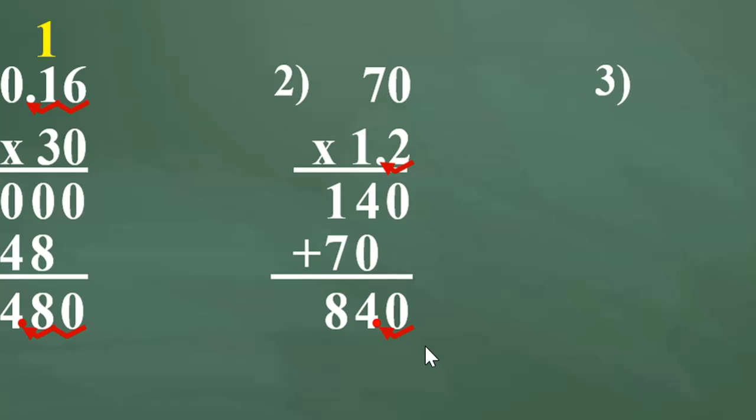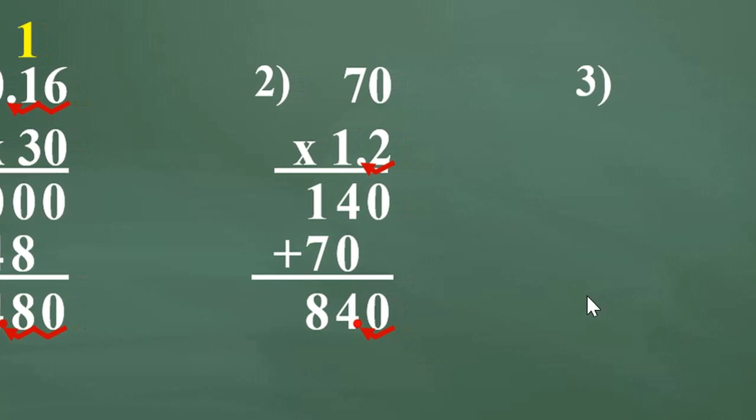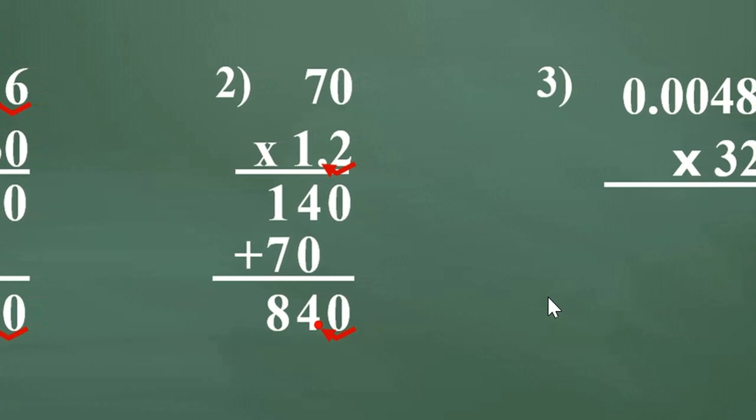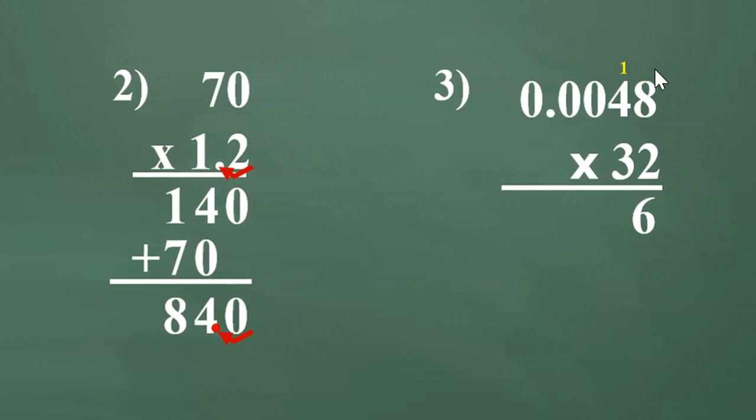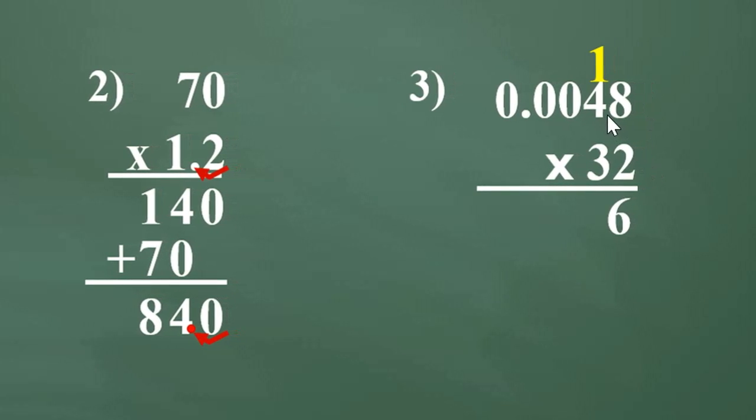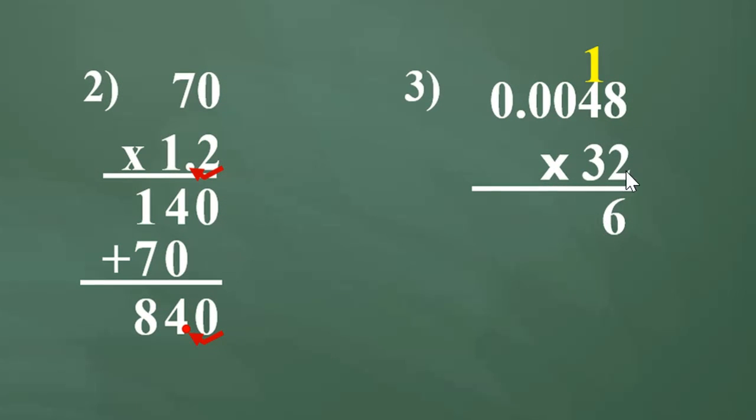How about the last one? Let us multiply. 2 times 8 is equals to 16. Carry 1. 2 times 4 is equals to 8 plus 1 is equals to 9. Then 2 times 0 is equals to 0. 2 times 0 is equals to 0. Next, 3 times 8 is equals to 24.